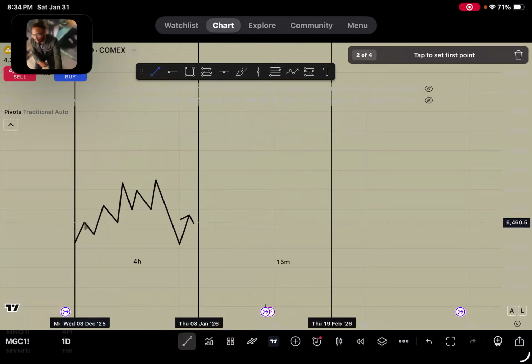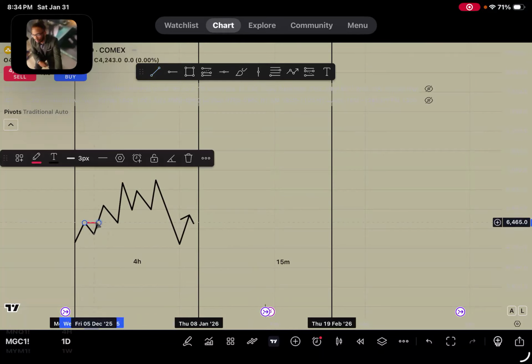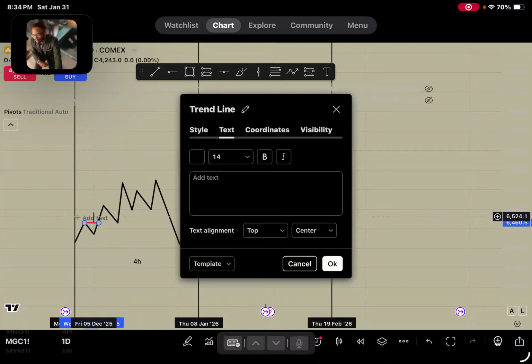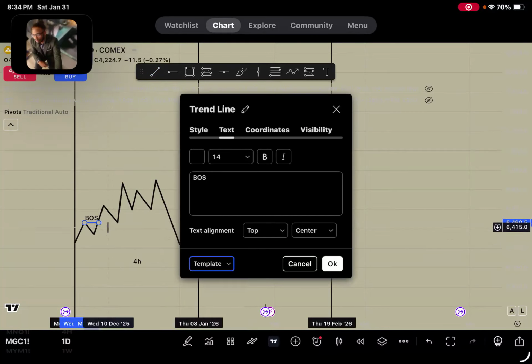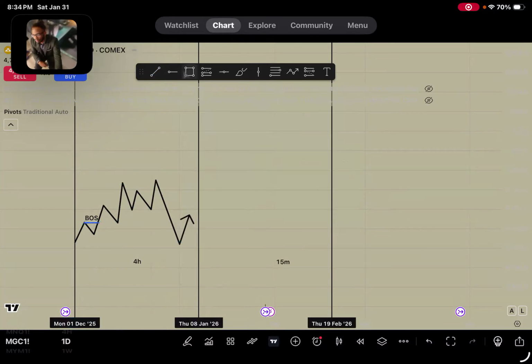We got buy side, breaker structure, right? And then at the breaker structure, a bullish fair value gap was created.